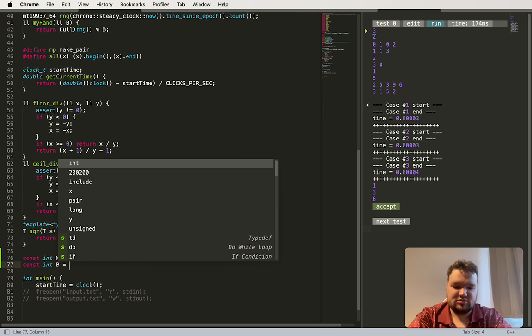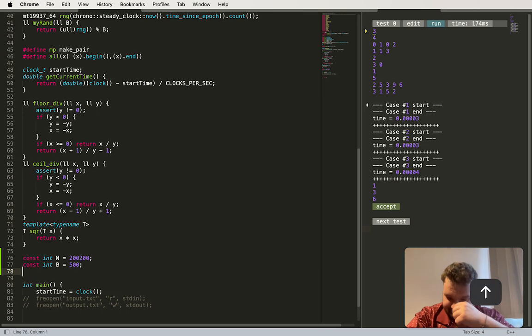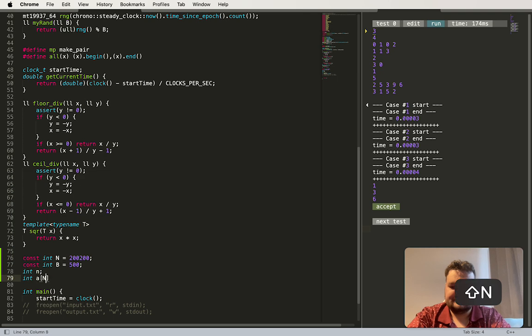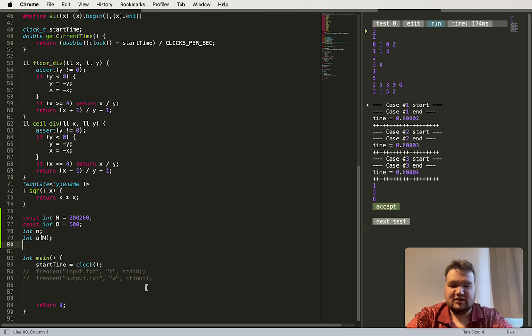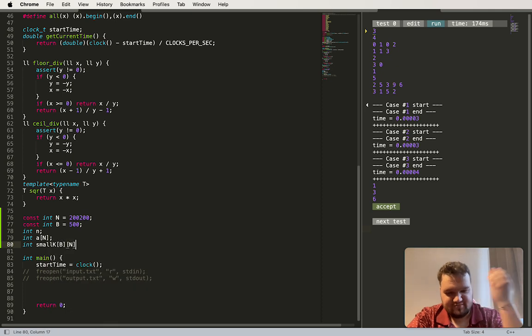Okay, so 500 is greater than square root of maximum of n. So what do I need to store? For small values of k, for that value of k and for every monster, whether we kill it or not, we can, for example, store a bitset actually to use less memory.